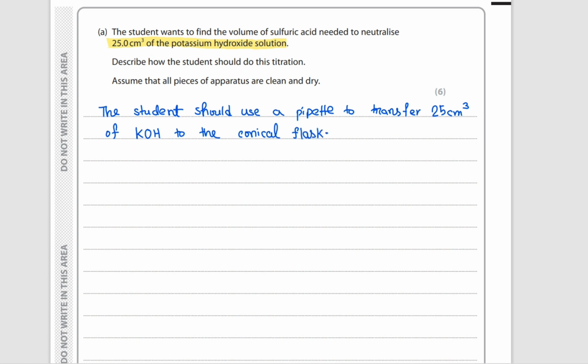And add a few drops of methyl orange to the solution. And after that, they should start adding the dilute sulfuric acid to the conical flask using a burette drop by drop.